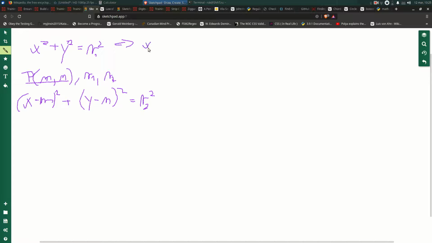We say x equals the square root of r1² minus y², and over here I also need to express x, which first we have to kind of deconstruct, if you may.